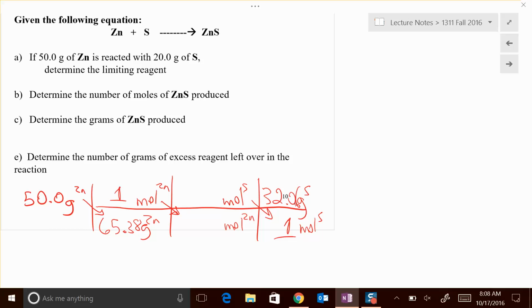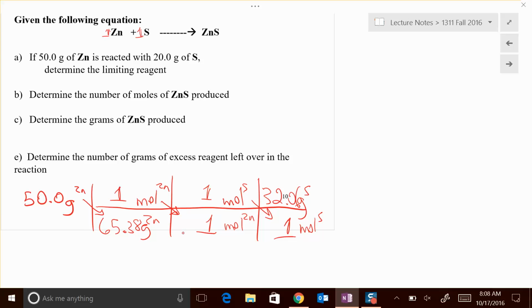That is not usually the case. But this is just an easy, simple example. So because the coefficients are 1, they have a 1-to-1 relationship. Okay? 1 mole of sulfur for every 1 mole of zinc. That's how they're going to react.